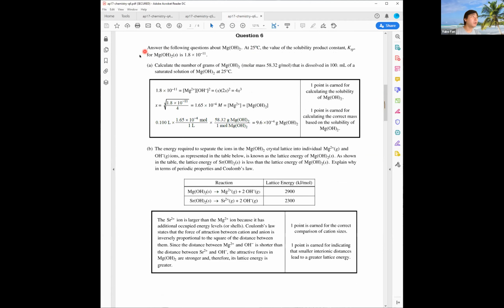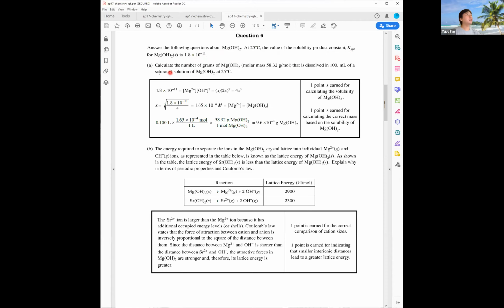Okay, so the question is here. Answer the following questions about magnesium hydroxide, which is insoluble if you check the solubility rules for hydroxide, except group 1A and some group 2. So magnesium hydroxide is not soluble. At 25 degrees Celsius, the value of the solubility product constant Ksp is 1.8 times 10 to the minus 11, so quite a small number.